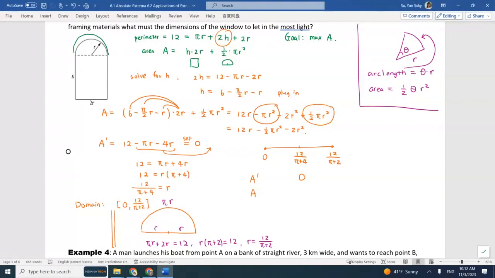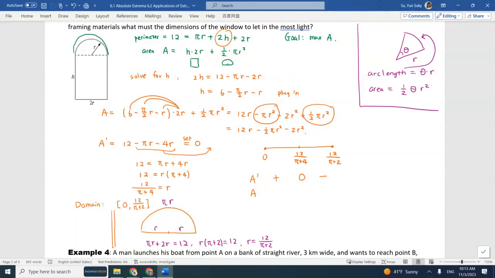Positive. Yes, positive. And then think about this. If r is so big, when you multiply by these, it'll be bigger than 12, and your answer will be positive or negative? Negative, if r is so big. Right? You subtract a bigger thing. So this would be negative.